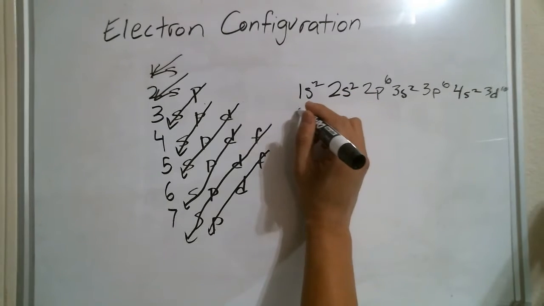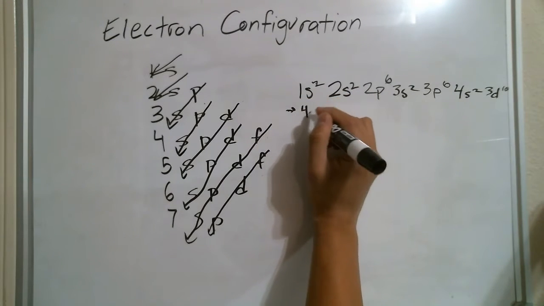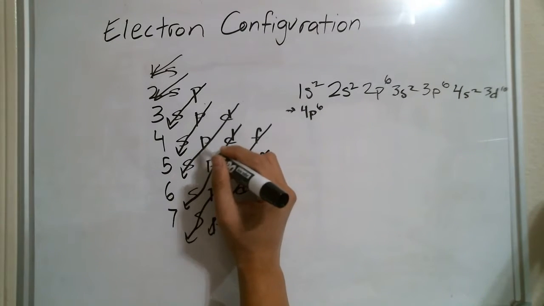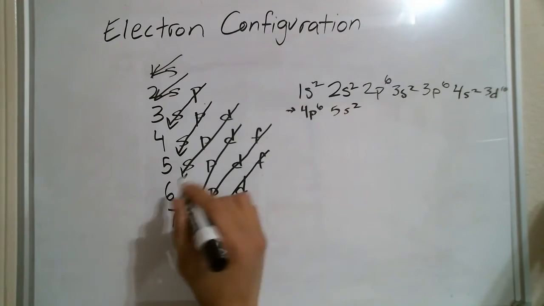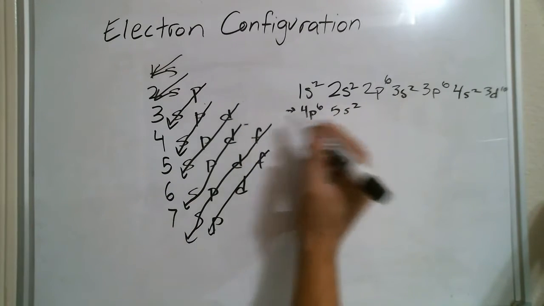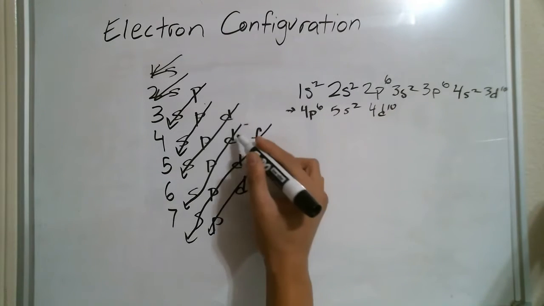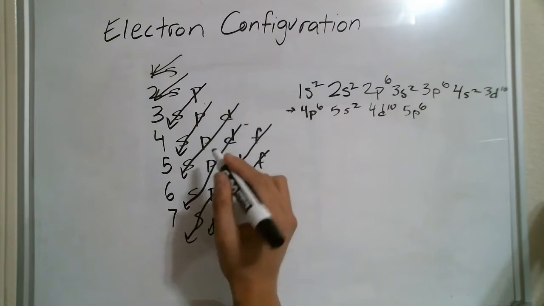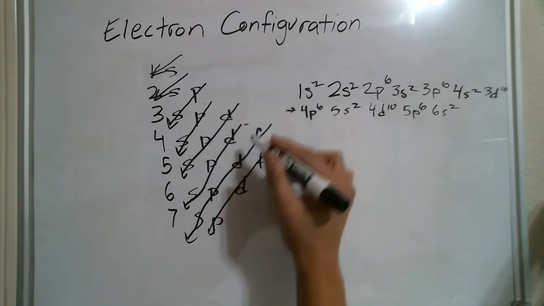Then we continue on here with 4p6, then 5s2. Then back to the top of the arrow, we have 4d10, and then 5p6, and then 6s2. Then top of the arrow again.